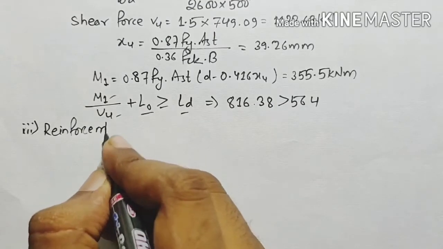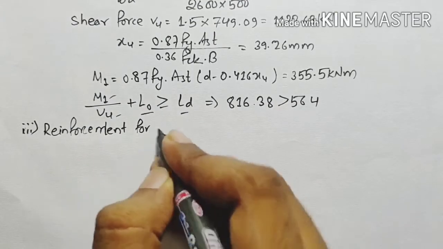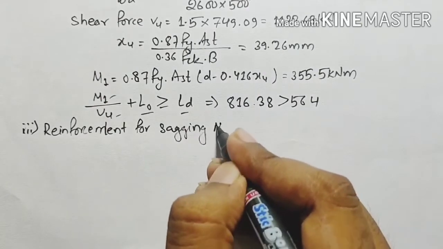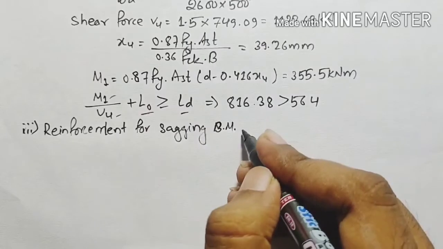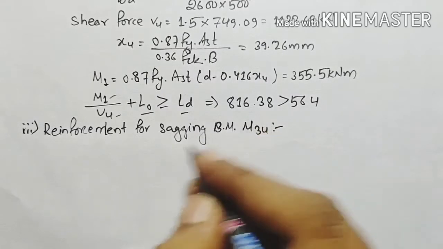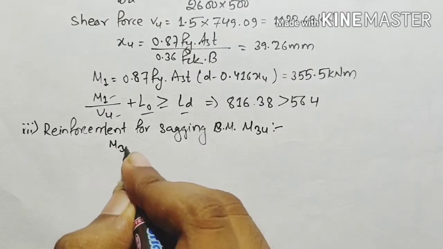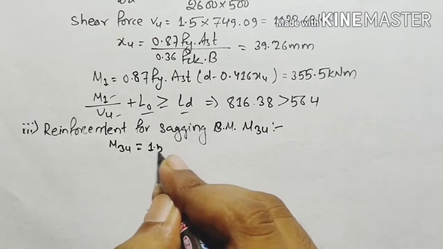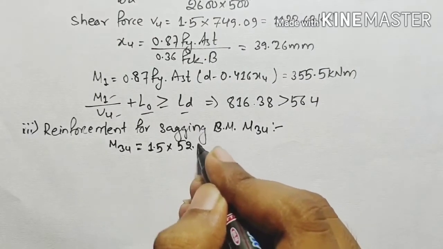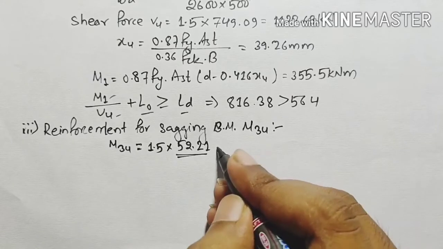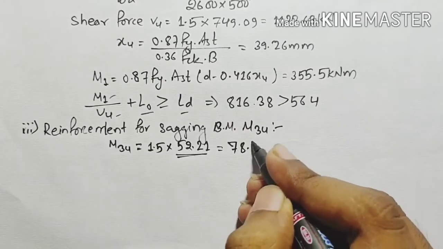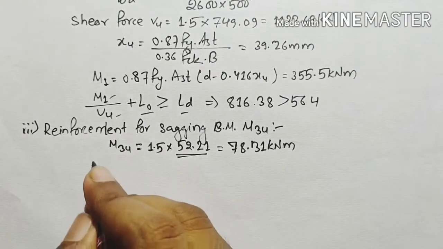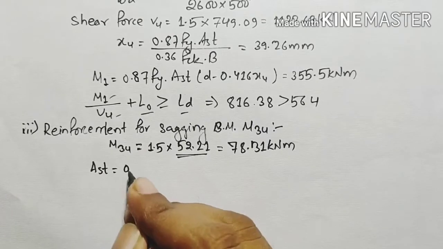Reinforcement for sagging bending moment M3U, and again we will be taking the moment M3U equals the moment at the face of the column A, so we need to multiply 1.5 times 52.21. This is the moment at the face of the column A, and we will get here 78.31 kilonewton meter.